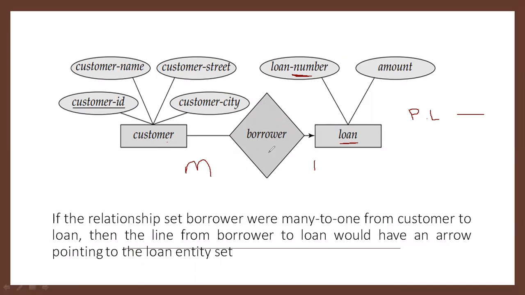The same customer can apply for a gold loan, right? So that loan number is different. If one loan is already going on and the person applies for another personal loan, then that loan account may be different, the loan number may be different. So in this way, from customer to loan, many to one is possible and is shown by giving an arrow from borrower to loan side. I hope it is clear.